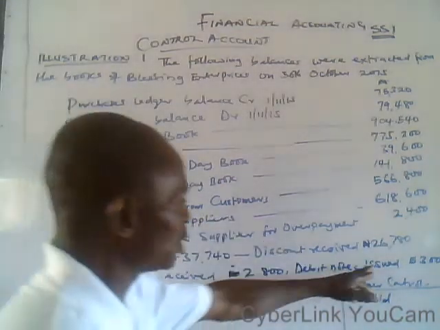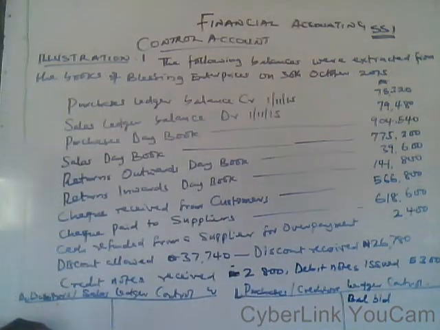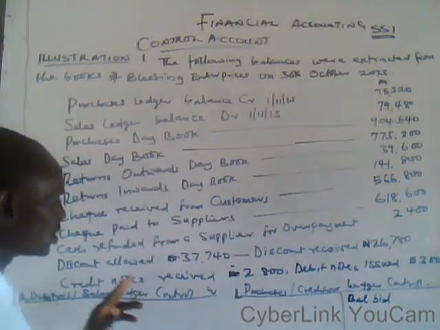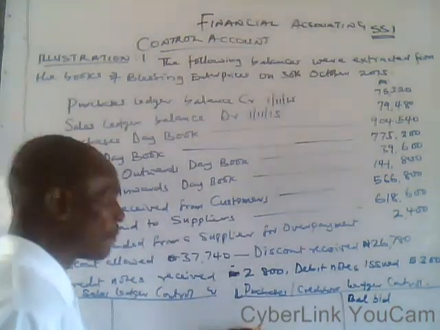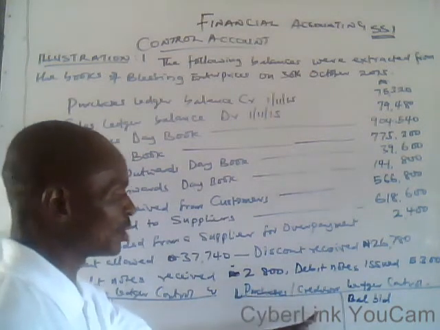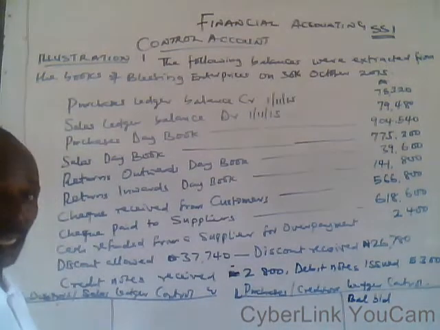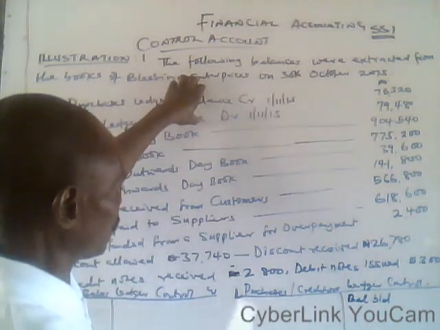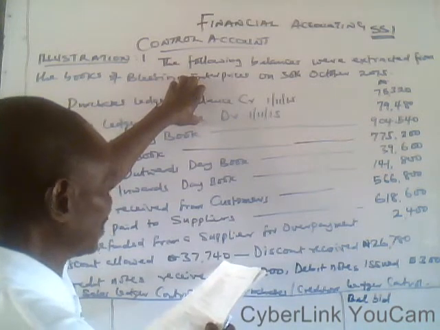The debit note issued will be on the debit side of the sales ledger control account, 5,300 naira, while the credit note received will be on the debit side of the purchase ledger control account, 2,800 naira.